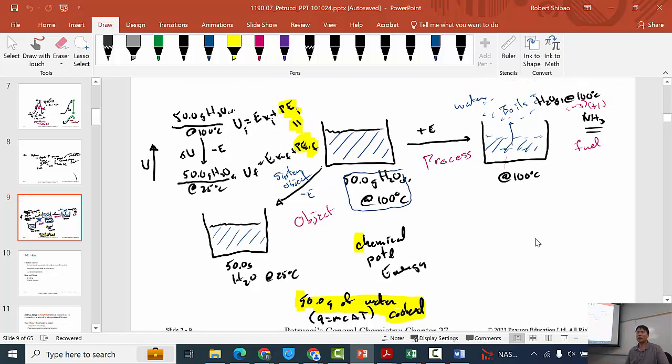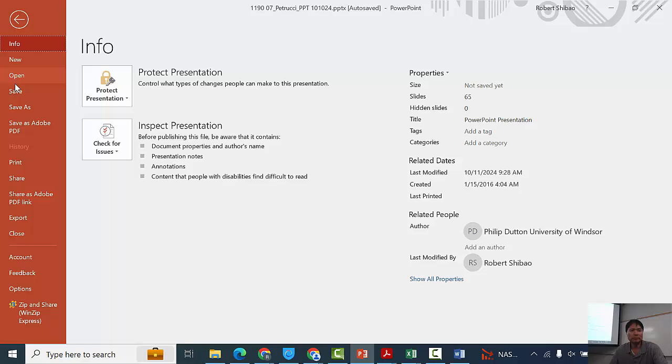So we're talking about objects. When we have an object, if you add energy or you remove energy, it just changes the temperature of the object. And how is the energy related to temperature? So that's what I want to talk about now.